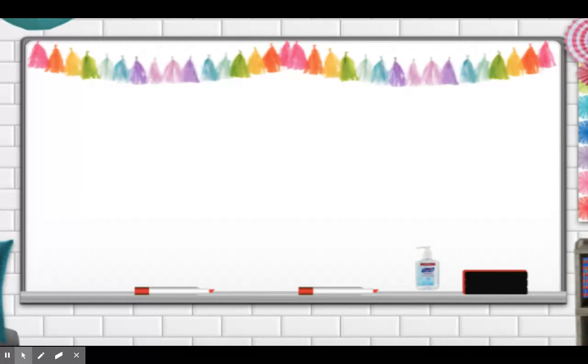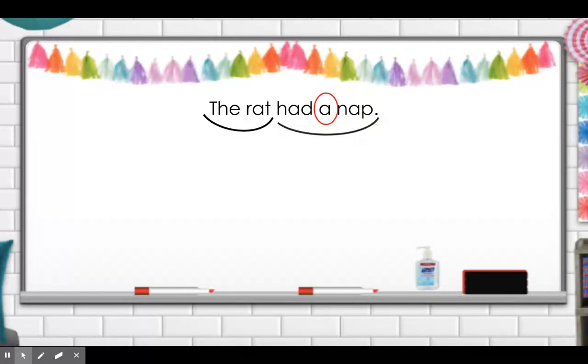This is what your sentence should look like in your notebook. What's the trick word in this sentence? When you find the trick word, circle it in red. Good. The trick word in this sentence is the. And then I'm going to scoop my sentence to remind me to read with expression. So I want you to scoop just like mine. The rat had a nap.